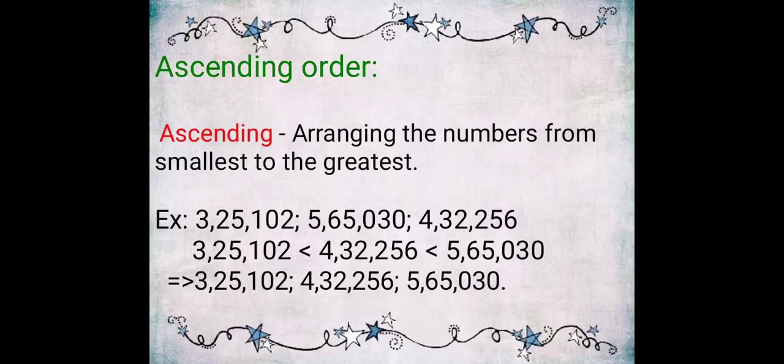So 5,65,030. Now, the numbers are arranged in order. So, shall we rewrite them? Yes. That is nothing but 3,25,102 followed by 4,32,256 and then comes 5,65,030.